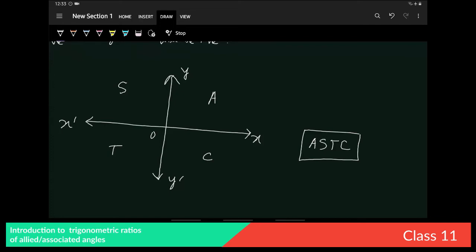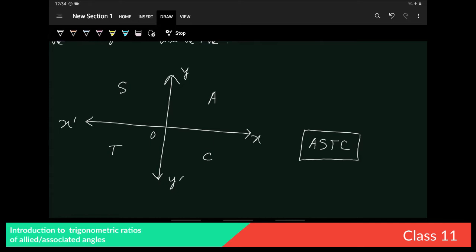Because if you look carefully, in the first quadrant all trigonometric ratios are positive, that stands for A. In the second quadrant sine and cosec are positive, so in short form it is capital S. In third quadrant tan and cot are positive, so we will write capital T. And in fourth quadrant cos theta and sec theta will be positive, so we will write capital C. So from first quadrant to fourth quadrant, if we go serially, it is ASTC.